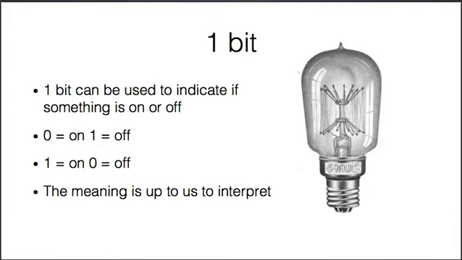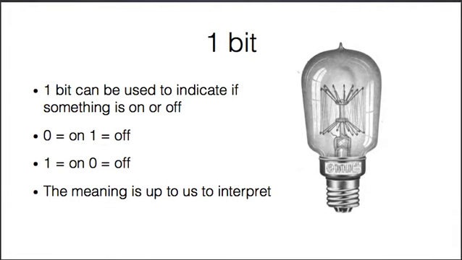So if you wanted to know if that projector was on or off, you could express that piece of information using a bit. You might say, if the bit is 0, then the projector is on, and if the bit is 1, the projector is off. Or you could do it the other way around.